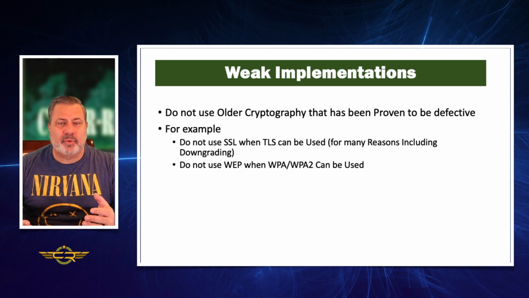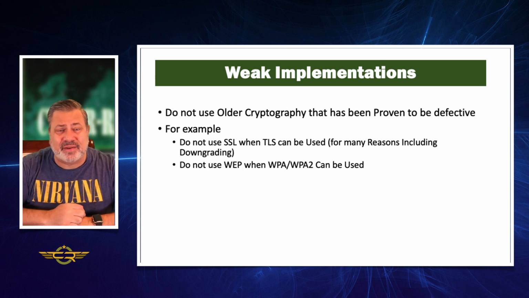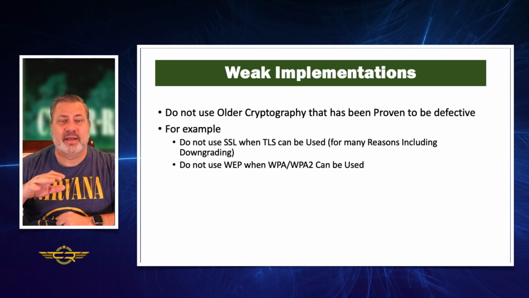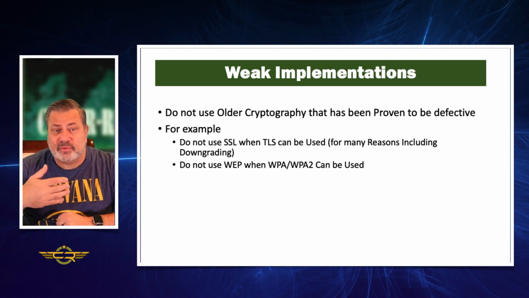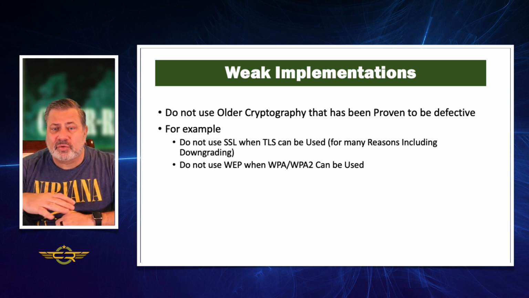So, for example, if we're using SSL when TLS can be used, we talked about SSL and downgrading a minute ago. There's a ton of reasons you shouldn't be using SSL. Secure Socket Layer is outdated and you should never see it. The problem is we do see it still. TLS is a much more secure method. TLS 1.2 is where we should be at, in my opinion, today.